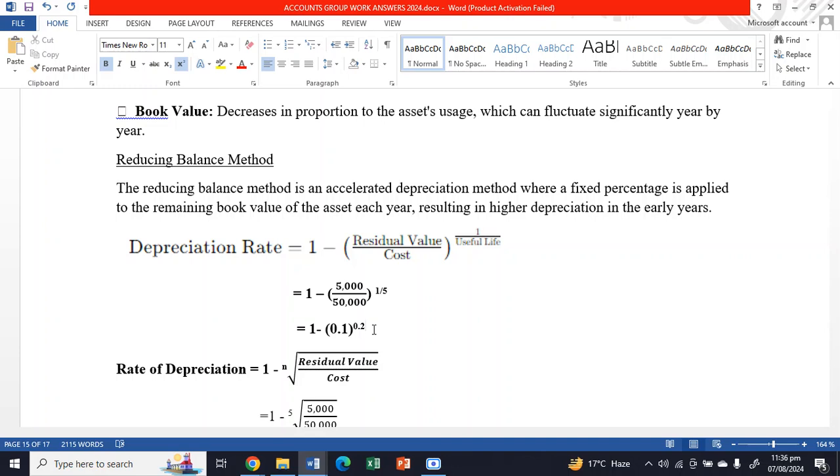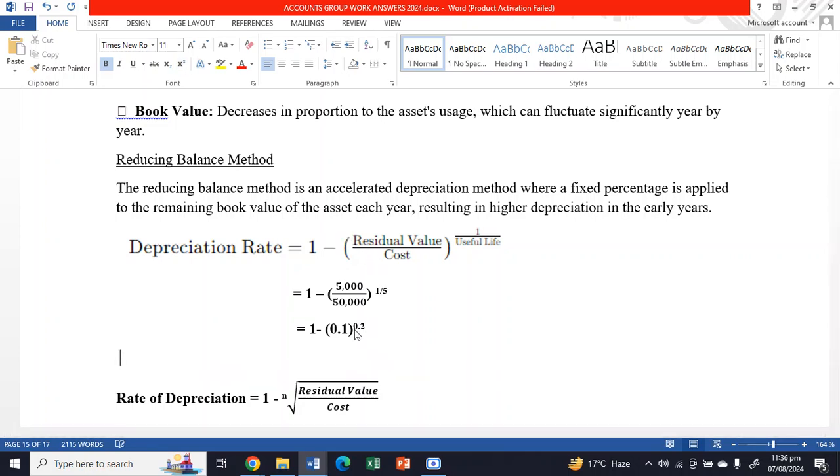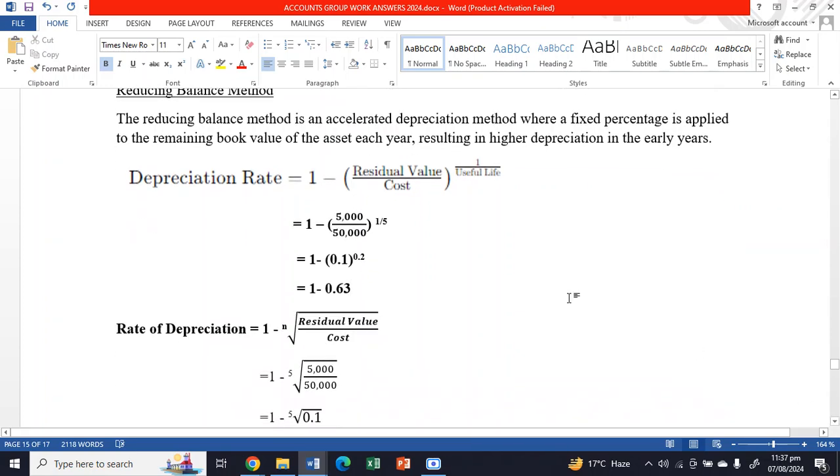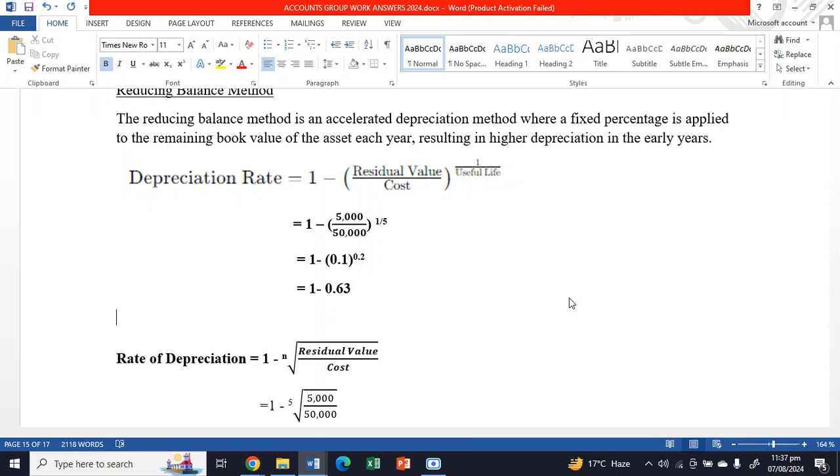You get 0.63. Has everyone tried this in their calculators? Are you getting 0.63? Then 1 minus 0.63, you get 0.37.